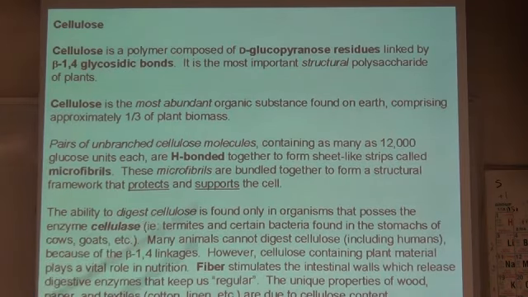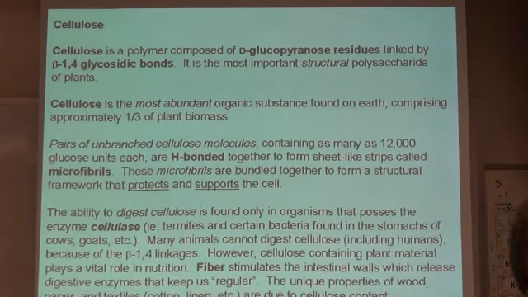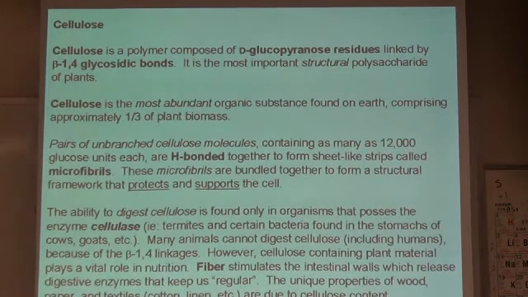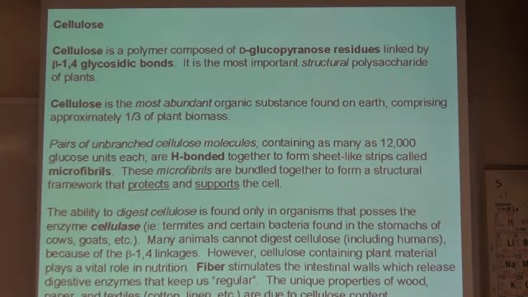In order to digest cellulose, you have to possess the enzyme cellulase. All enzymes end in ASE, just like all sugars end in OSE. Cellulose is basically wood. And we know some things that can digest wood, and we know some things that possess the enzyme cellulase.